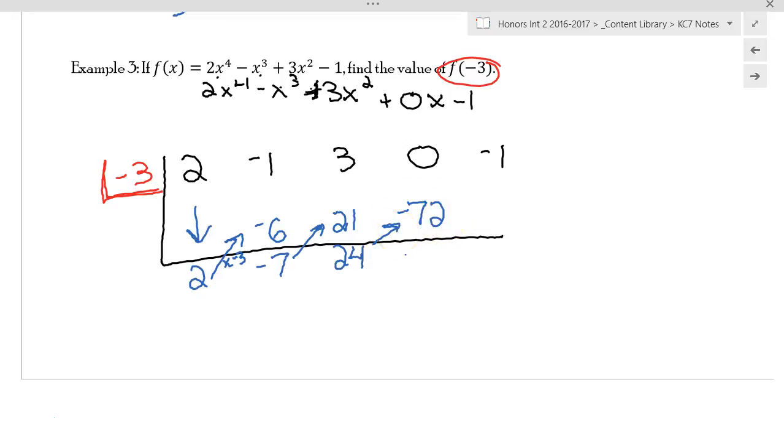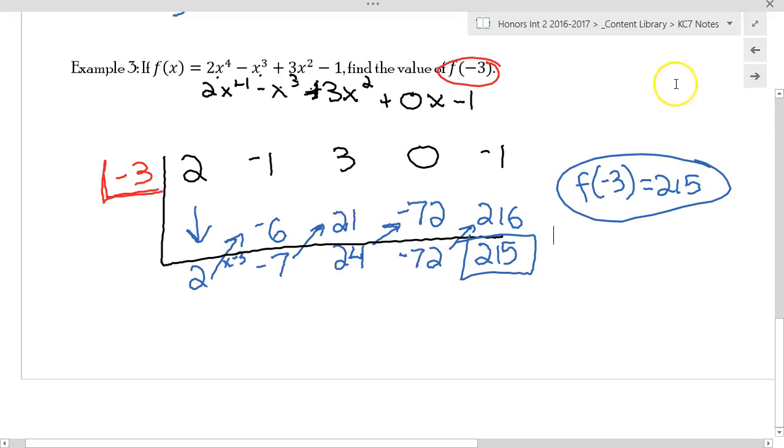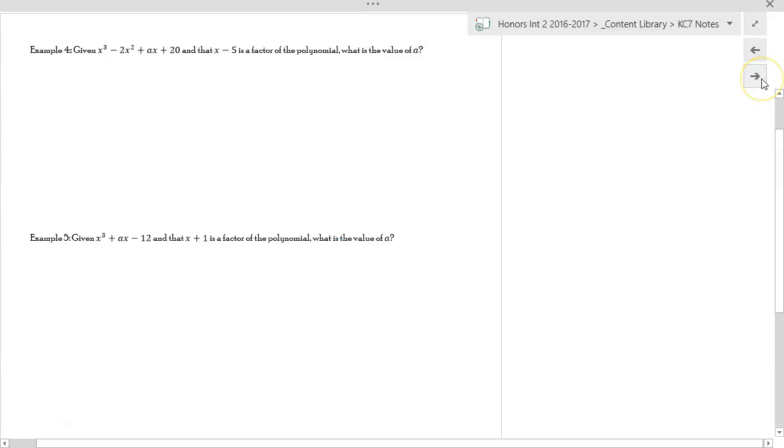Adding those, that's negative 72. 3 times negative 72, you get negative 216. Adding those together, you get 250. And again, all you're looking for here is what your remainder is. So f of negative 3 equals 250. And that's it. Okay. All right, let's look at our next page.